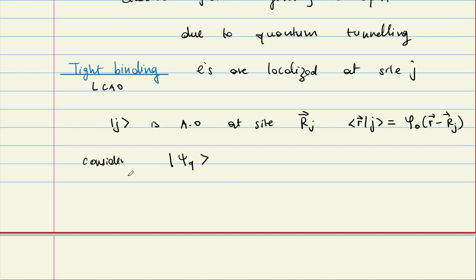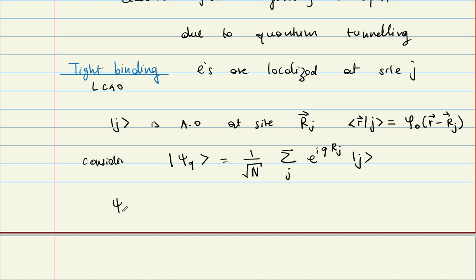So this |psi_q> is going to be a sum over all sites of the n cells, with each one multiplied by e to the i q R_j. You can generalize it to a vector form in arbitrary dimension, and this is j.